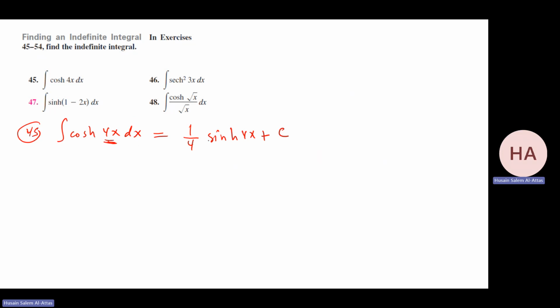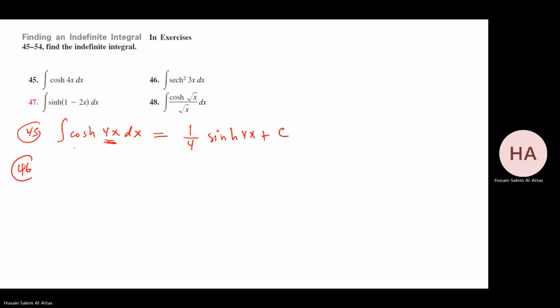I take this u, now differentiate. I have cosine hyperbolic 4x times 4 times 1 over 4, which is the answer. So this is a quick one. Nothing in this section, you just need to do substitution.